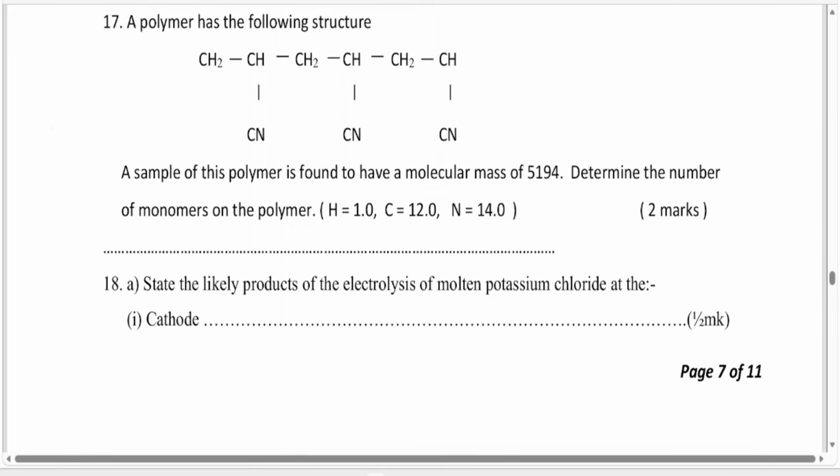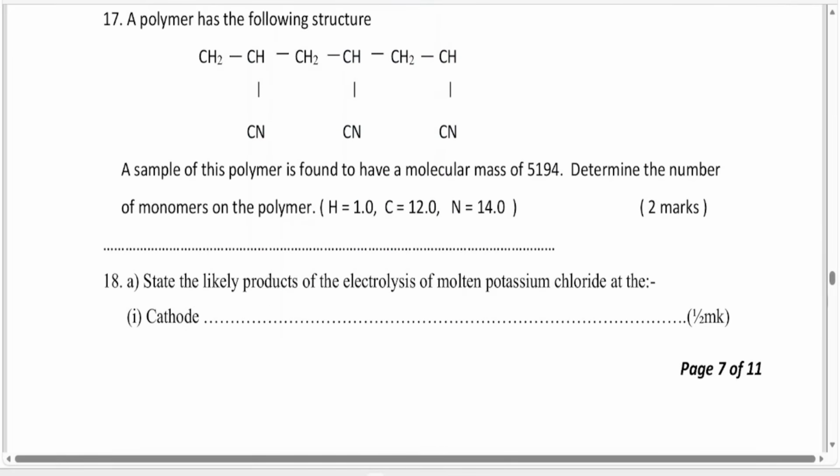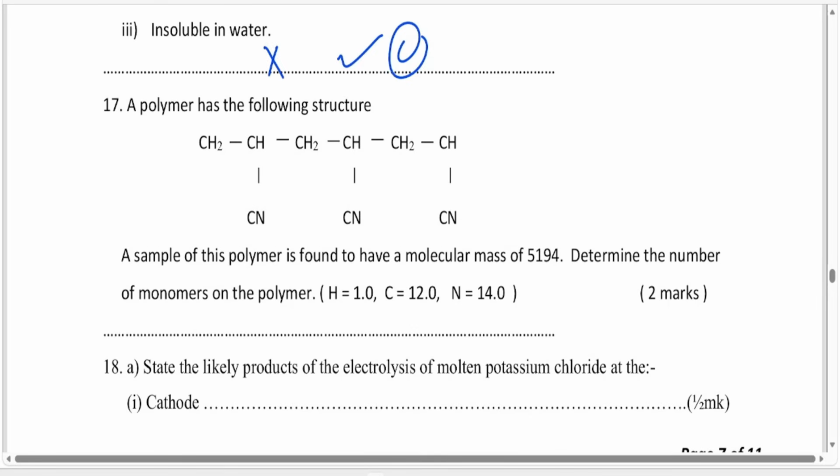Let's move to question number 17. A polymer has the following structure. Look at the structure of the polymer. A sample of this polymer is found to have a molecular mass of 5194. Determine the number of monomers of the polymer given the relative atomic masses for hydrogen 1, carbon 12, nitrogen 14. So we need to understand this particular polymer.